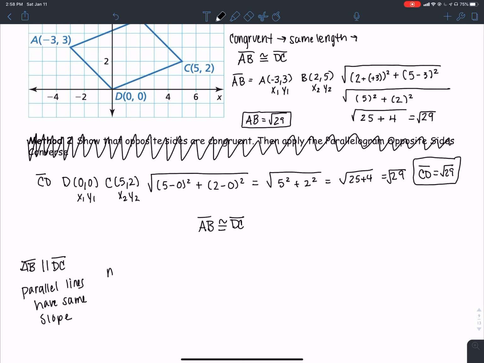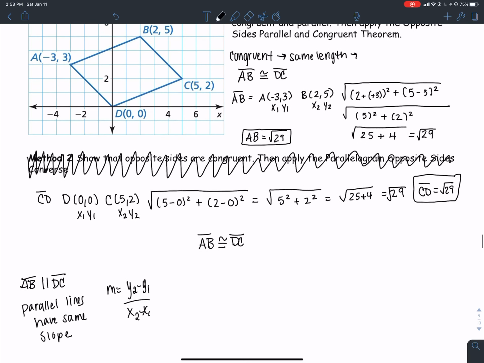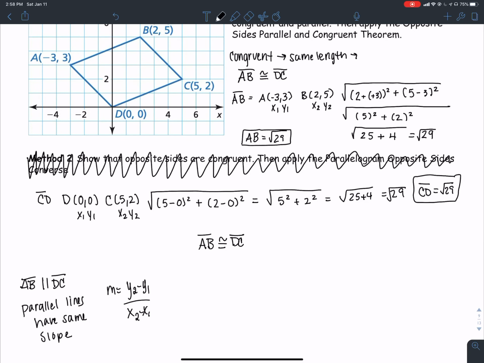So that means m equals y2 minus y1 over x2 minus x1. So let's find the slope of AB first. So AB, we've got negative 3, 3, and 2, 5, x1, y1, x2, y2.